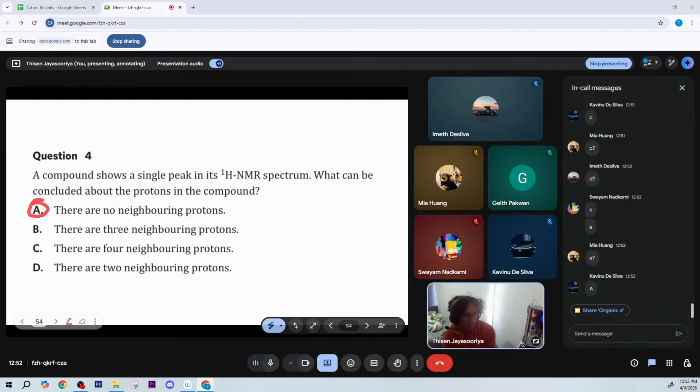Yeah, it's A. Remember the N+1 rule. Yeah, there's a single peak, which means N+1 equals 1, which means N equals 0. Which means it has 0 neighboring carbons over here. Yeah? Does that make sense?